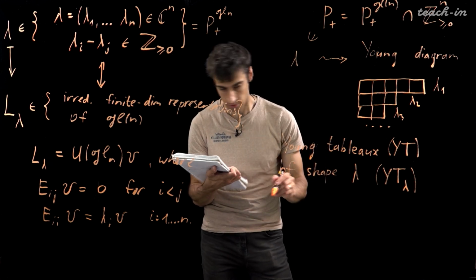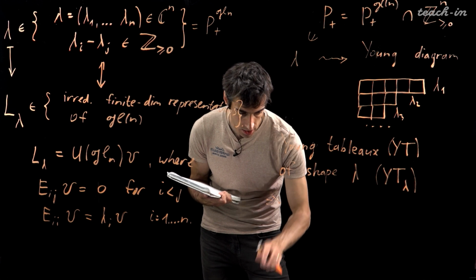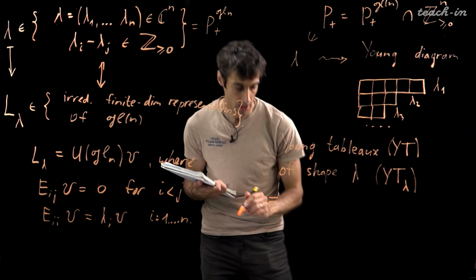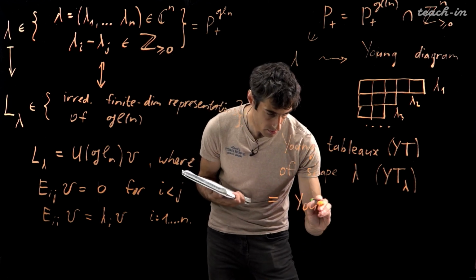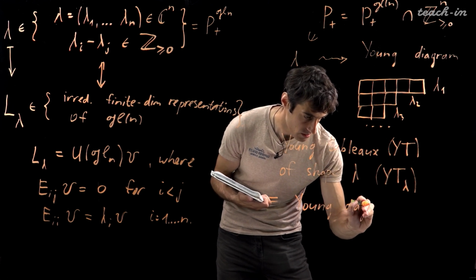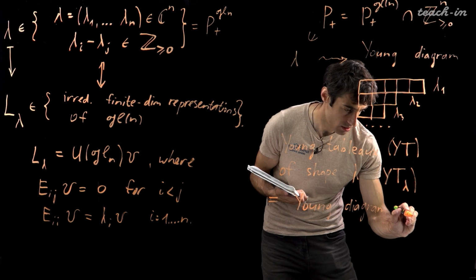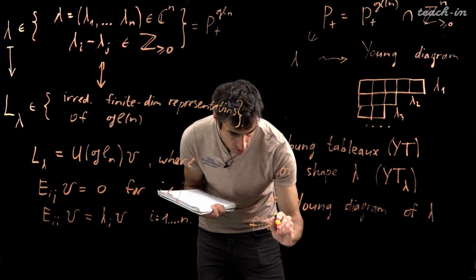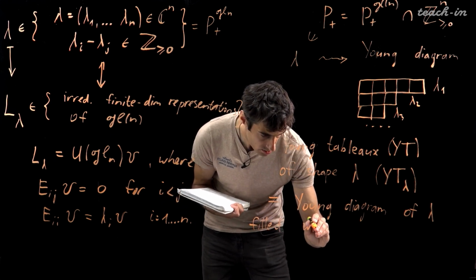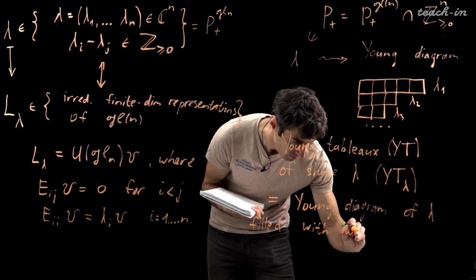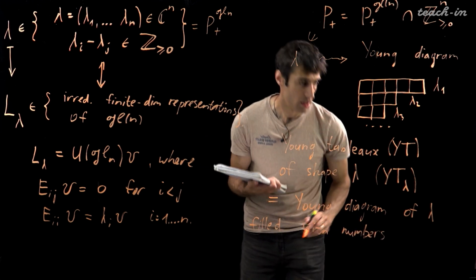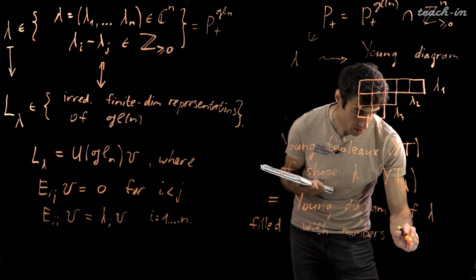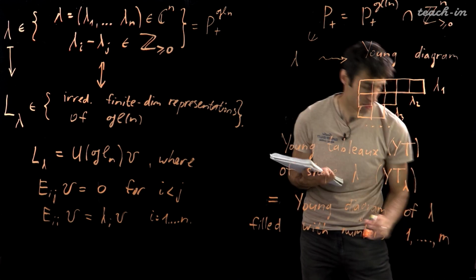It is the same as a Young diagram of lambda filled with numbers, consecutive numbers from 1 to some fixed m.